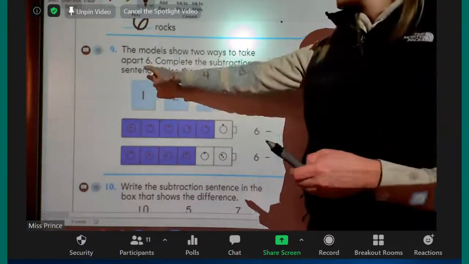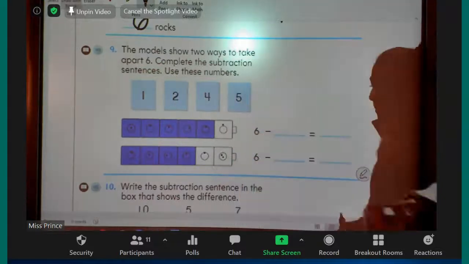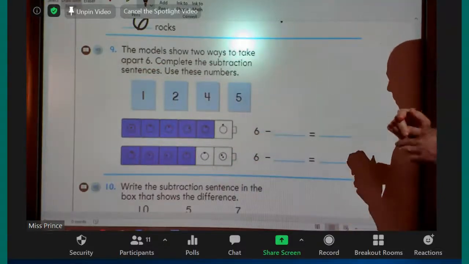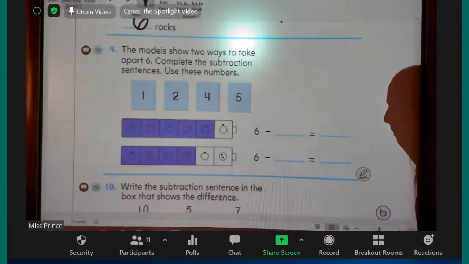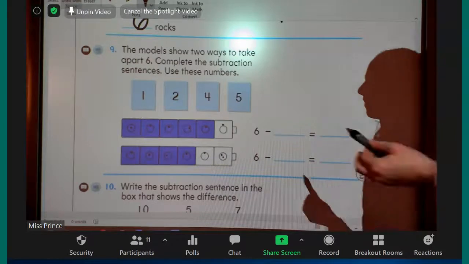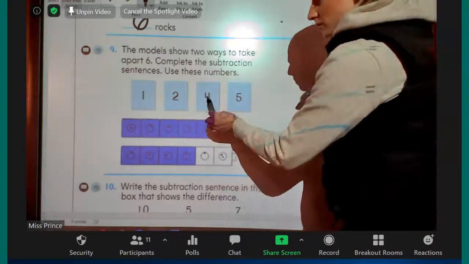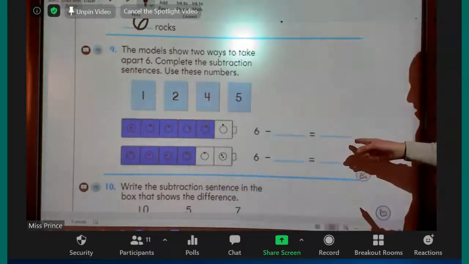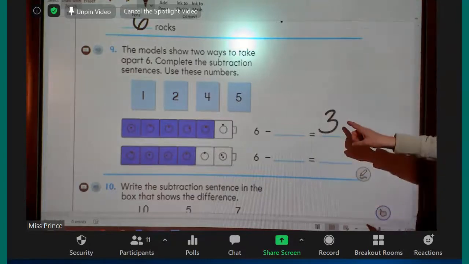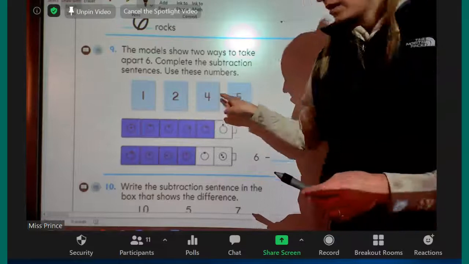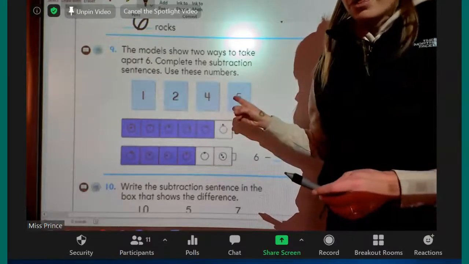Complete the subtraction sentences and use these numbers. So, we are looking here to see how many they took away. All right? These are the numbers that you have to use. So if you put a 3 here, you need to go back and look and say, none of these are a 3, so that means I didn't write the right number.